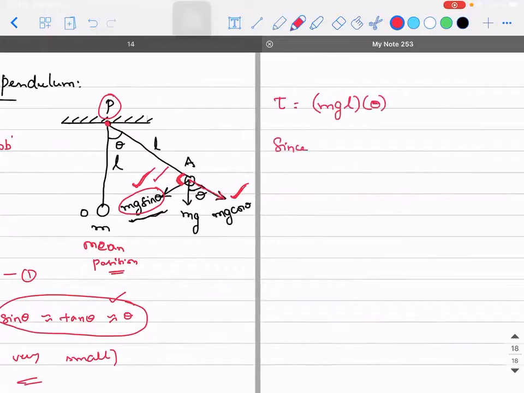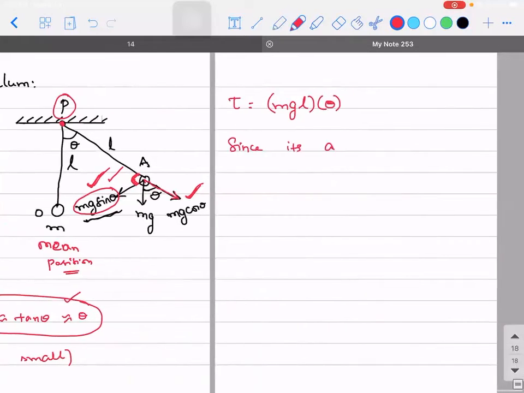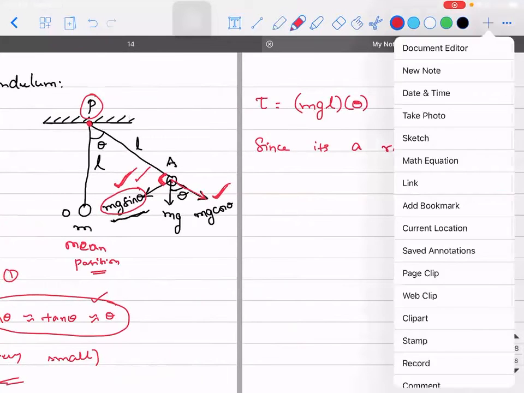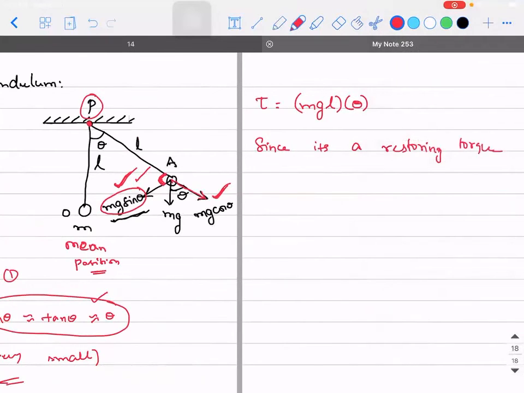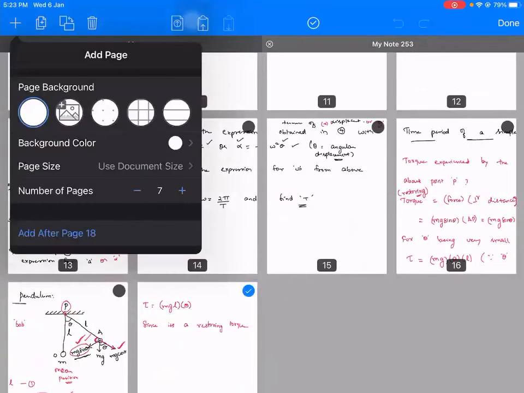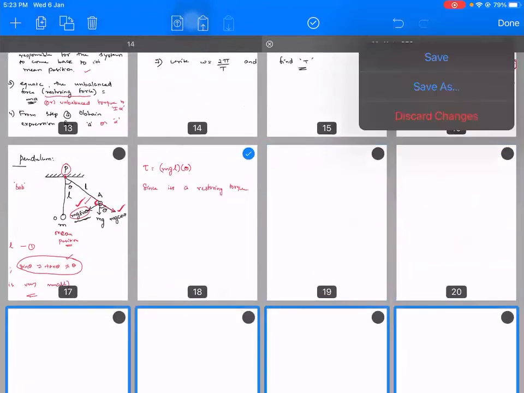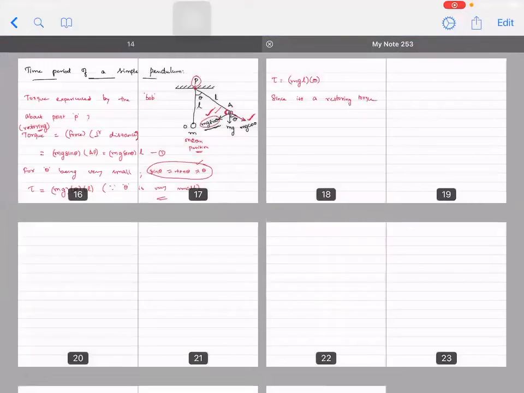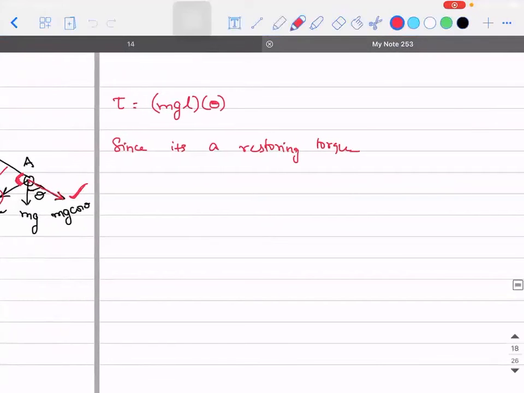Now see, since it's a restoring torque, torque will be equal to minus mgl into theta.